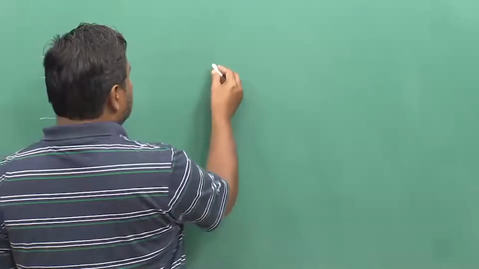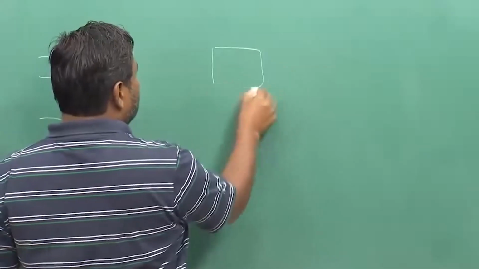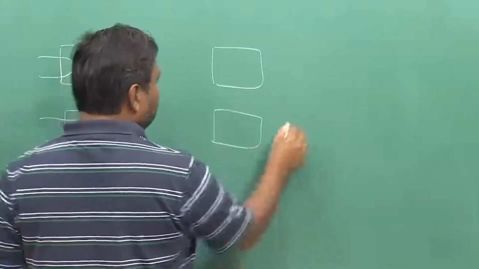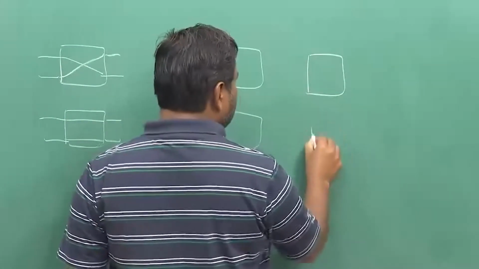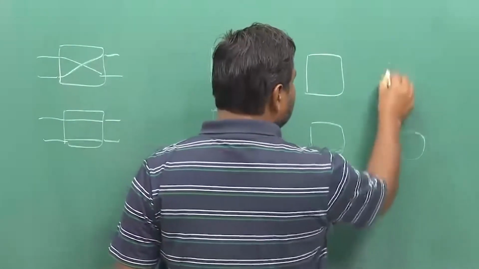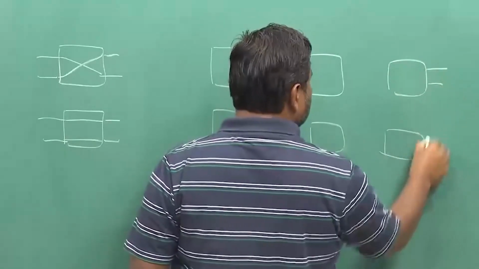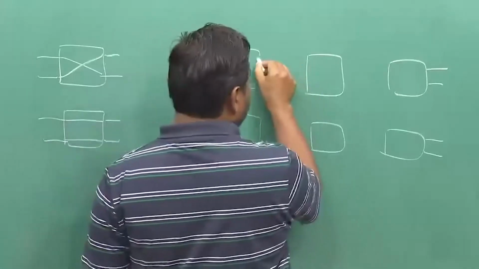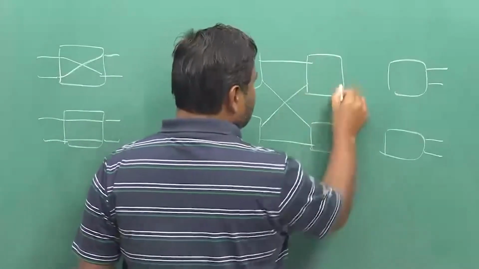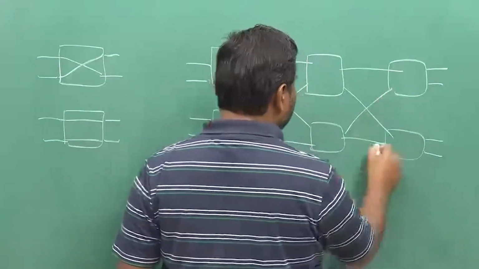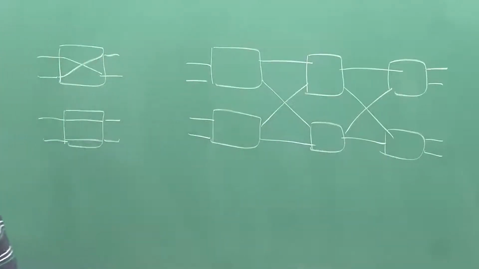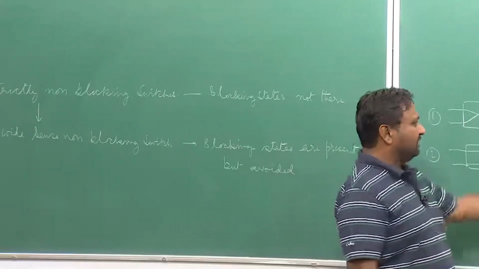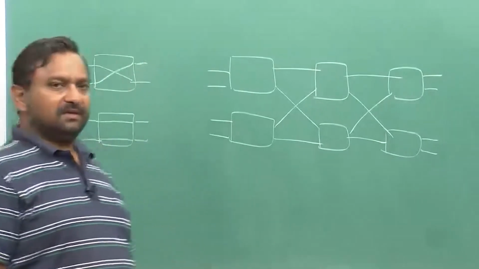Okay. So, if I create a switch like this, can you guess how many possible states this switch can be in? This is a Bayes network of 4 by 4. The 2 by 2 has two possible states. How many possible states are there in this case?